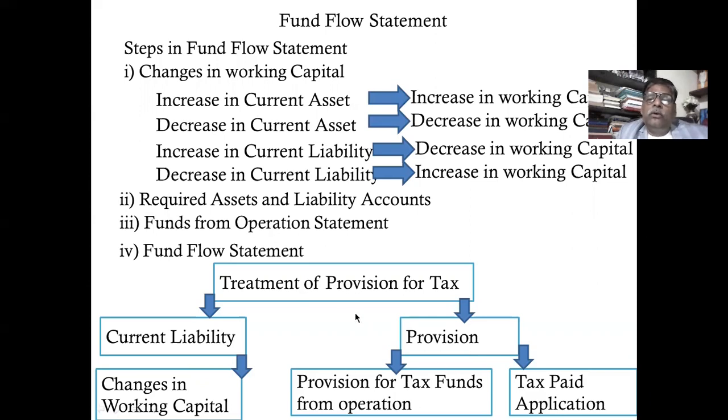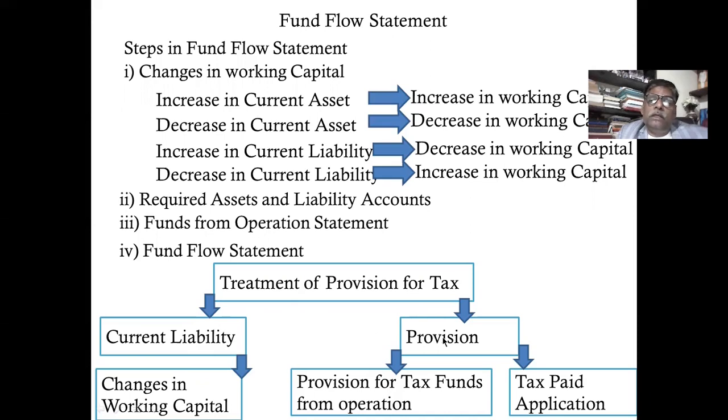Once again, I'll tell you, if there is no adjustment to this provision for tax, then you consider that as current liability and take it in the changes in working capital statement only. No further record.